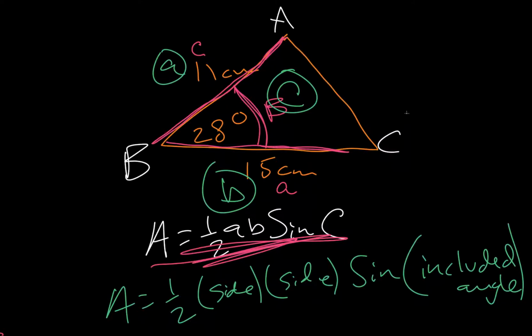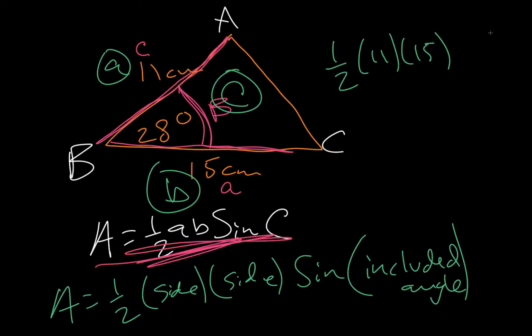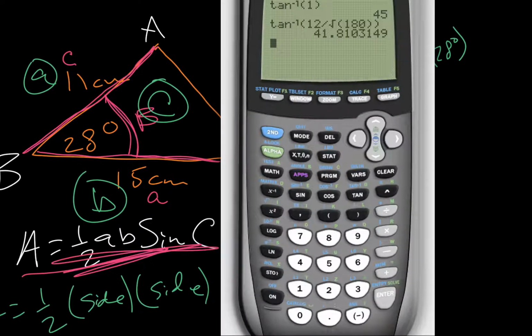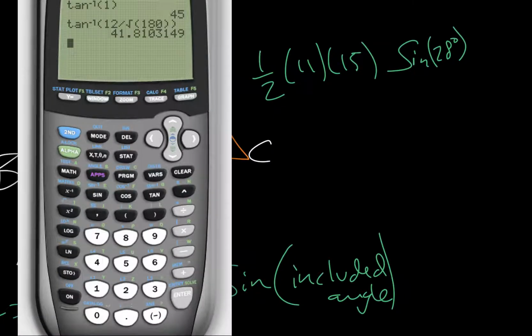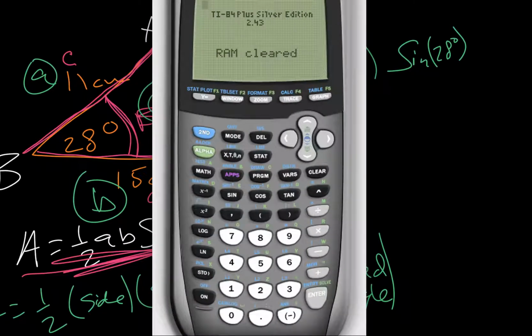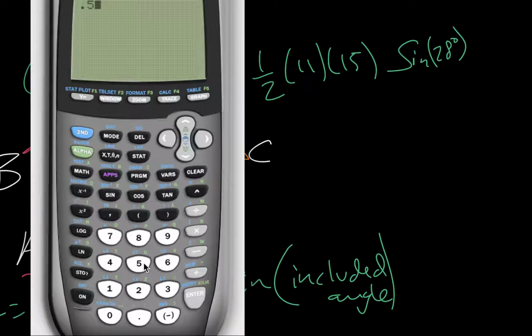Okay? And so when we do that, we just get 1/2 times 11 times 15, and then sine of 28. And since it's given in degrees, make sure your calculator is in degrees. I think my calculator's frozen, so I'll just open it up again. Alright, so I'm going to type in 0.5 for the 1/2 times 11 times 15 times sine, whoops, I actually got to put it in degrees.